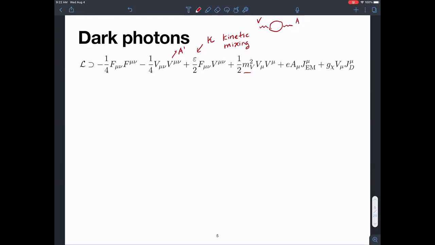If that's the case, you can generate pretty small kinetic mixings depending on how many loops you have to go through in order to get this communication between V and A. You can get 10 to the minus 3, 10 to the minus 6, and so on.